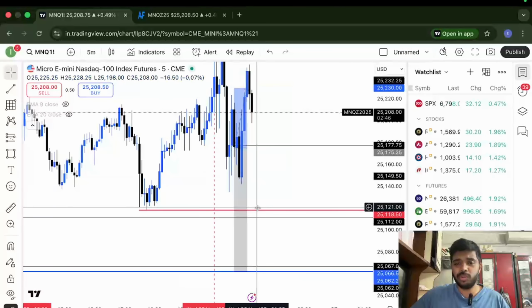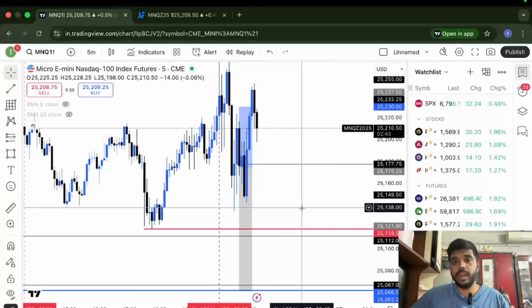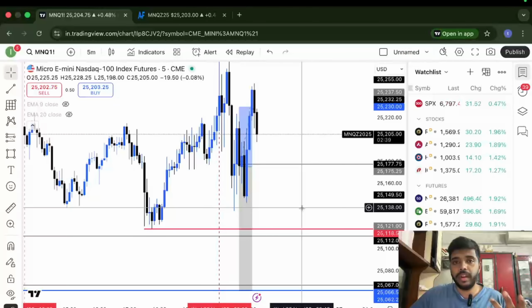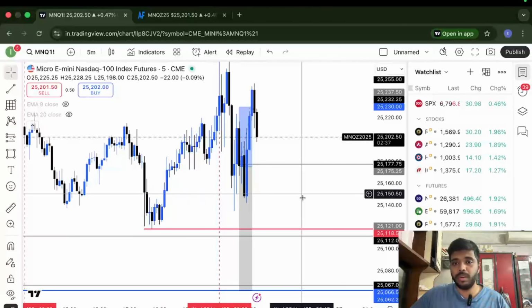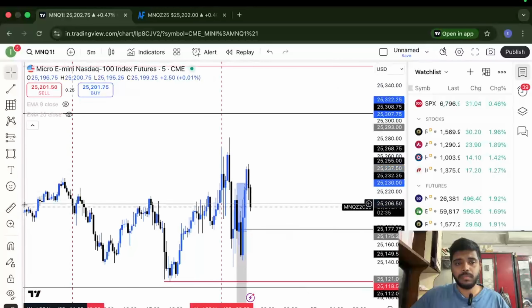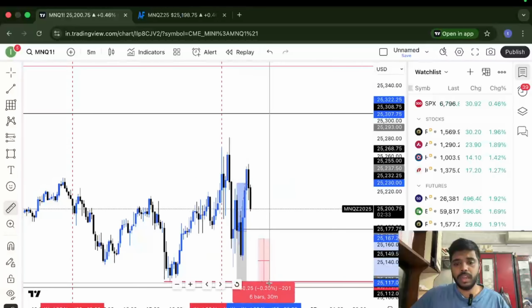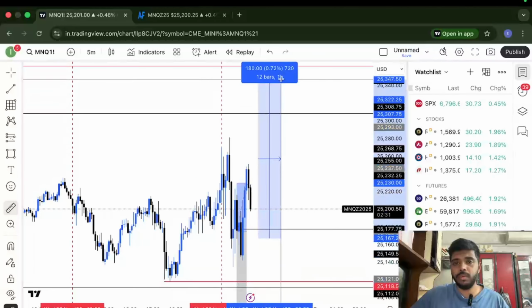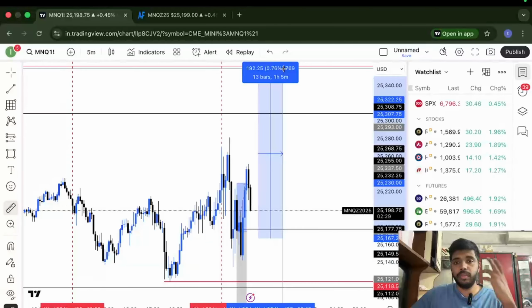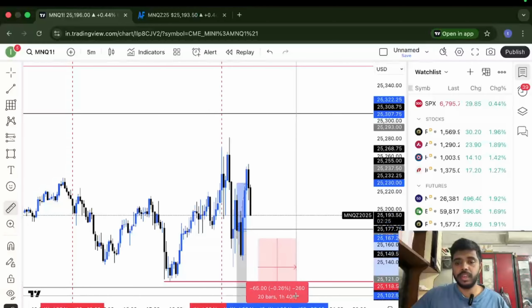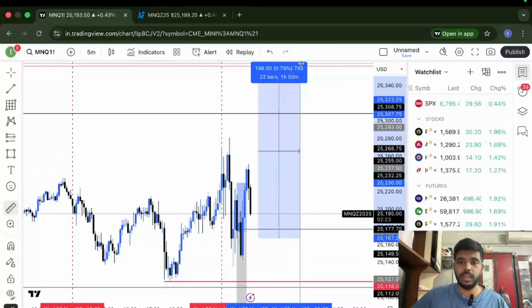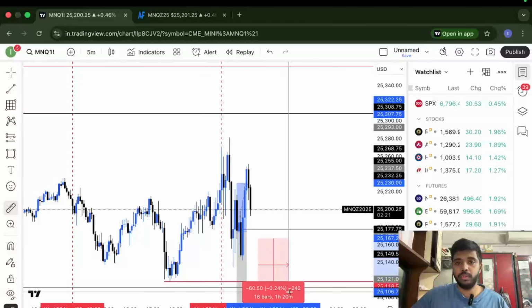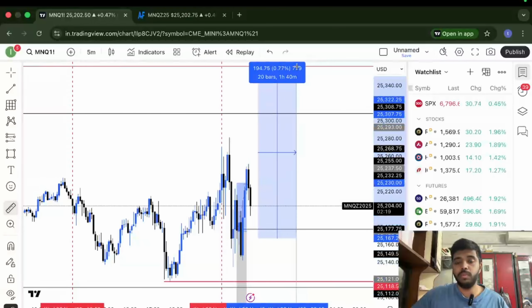And we were so close to these lows that obviously I traded shorts today instead of going longs, because sweeping out these lows for Nasdaq is much easier compared to giving a 200 point move to the upside. If Nasdaq wants to move to the upside, it can sweep out these lows, and then these lows will be the fuel for Nasdaq to move to the upside.